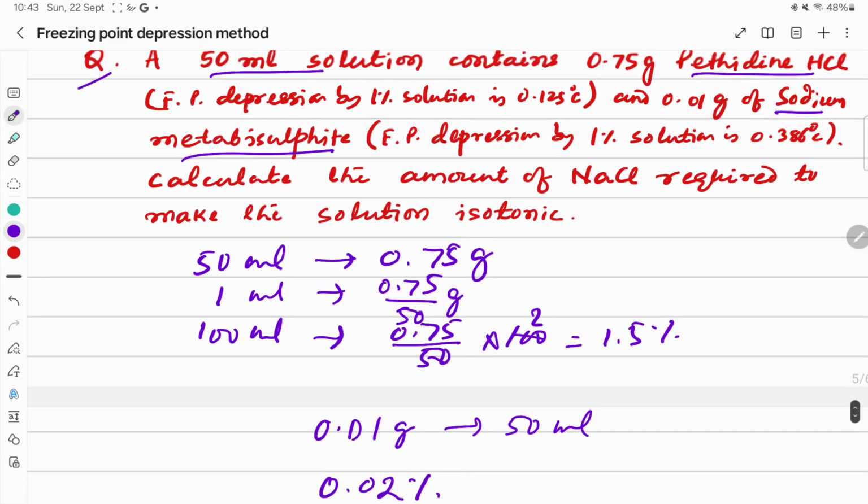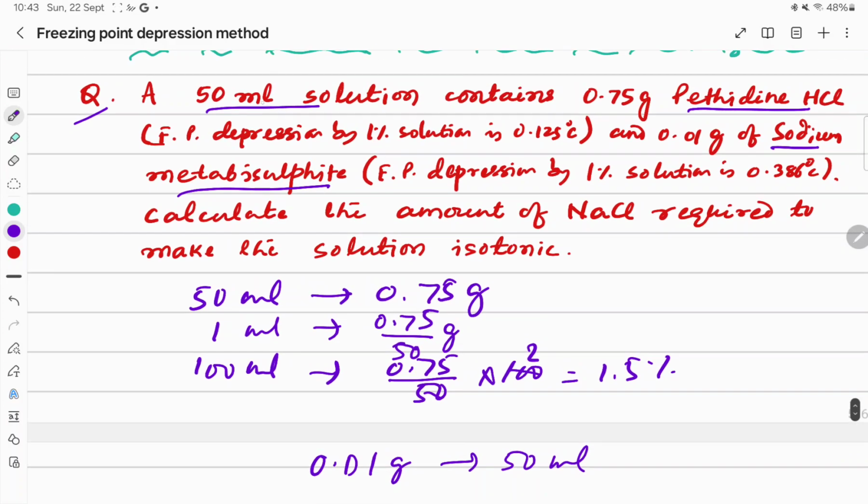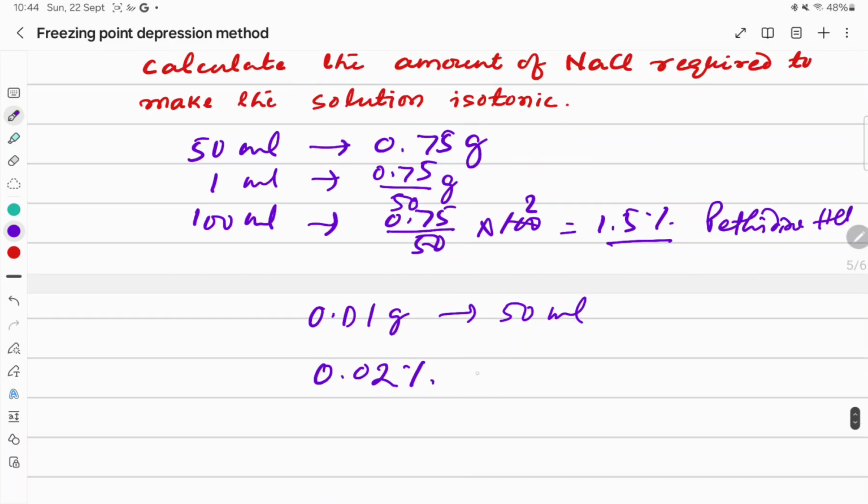So first, since the percentage is not given in this question, and it is given for 50 ml, we have changed it to 100 ml, and accordingly the percentage is 1.5% pethidine hydrochloride and 0.02% sodium metabisulfite.